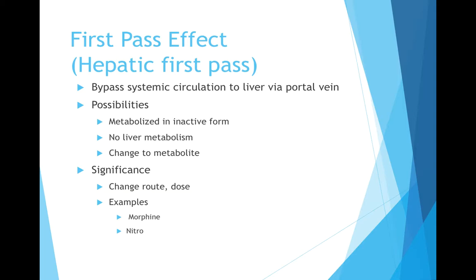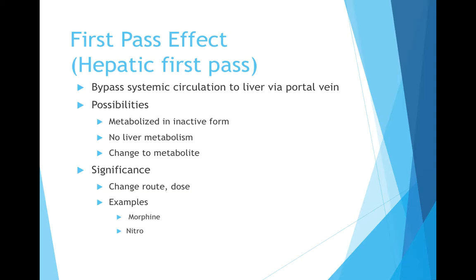They pass from the intestinal lumen to the liver through the portal vein. In the liver, some of the drugs are metabolized to an inactive form and are excreted. So this reduces the amount of active drug that's available to exert the pharmacologic effect. This is called the first pass or first pass metabolism.